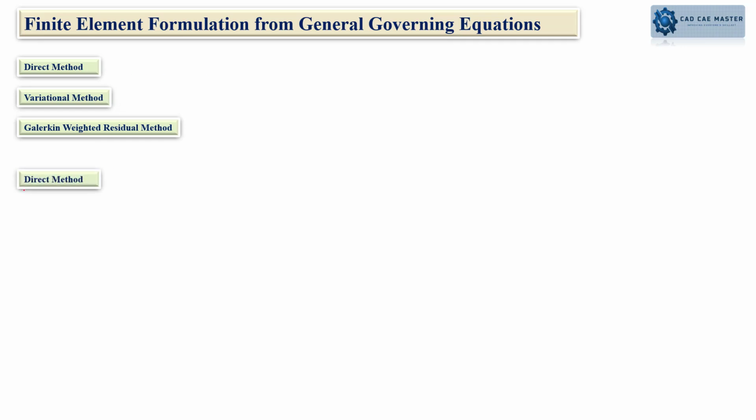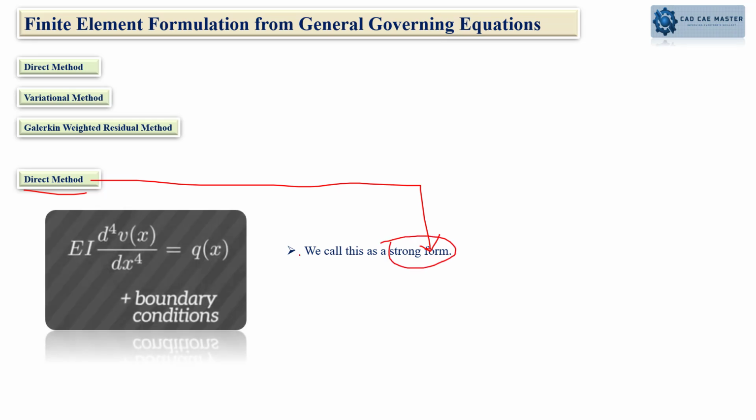The first one is the direct method. We call this particular direct method a strong form. Okay, this is the equation EI d^4 u(x)/dx^4 is equal to q(x), plus adding all the boundary conditions into account.